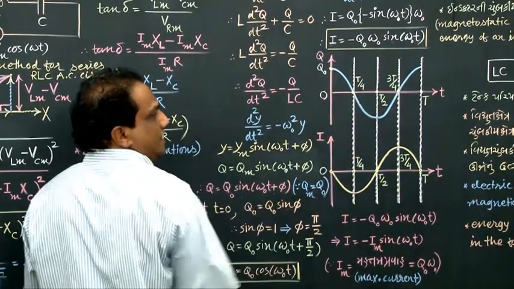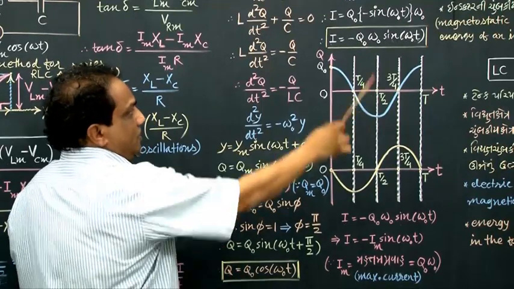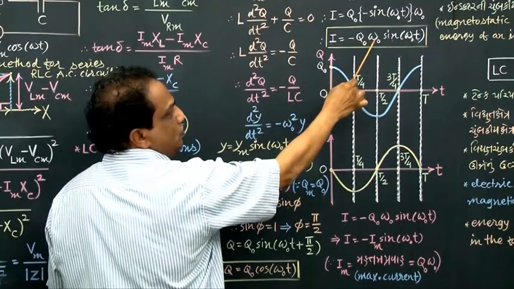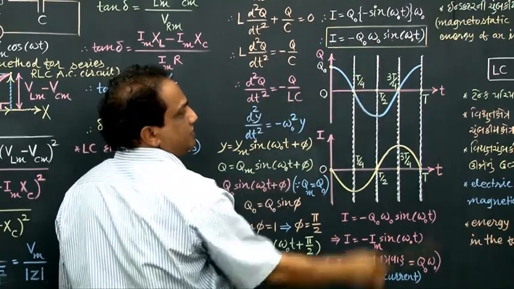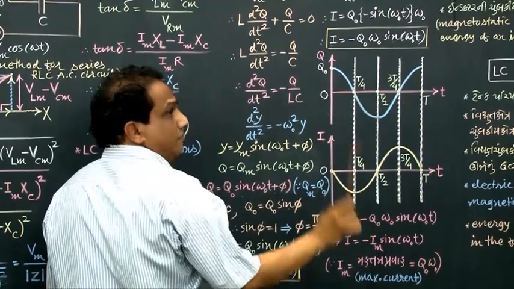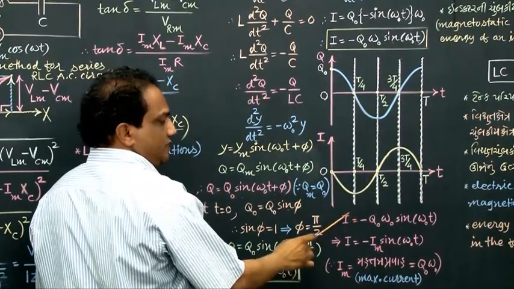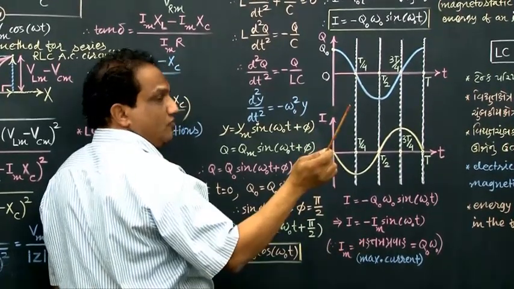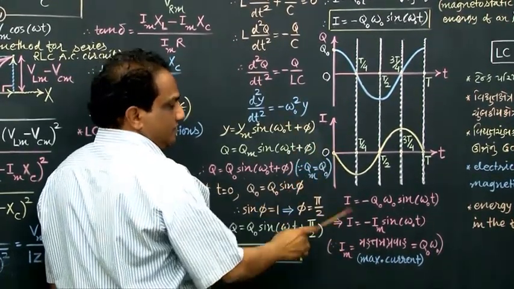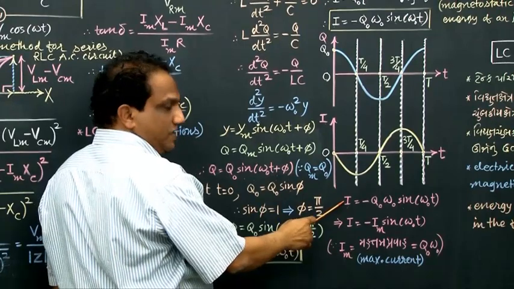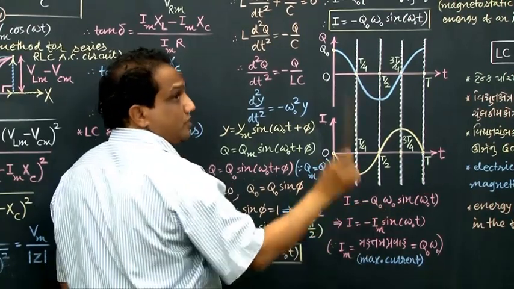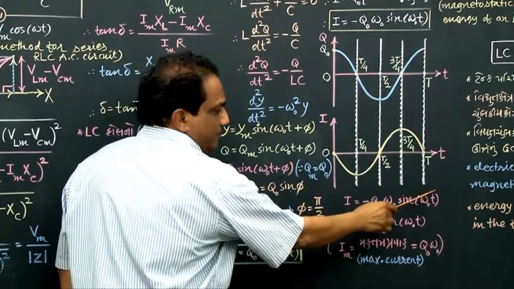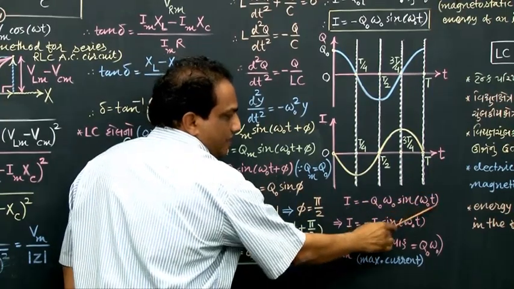Now tell me, I equals minus Q0 omega 0 sine of omega 0 t, the same formula written here. But suppose you are talking about the maximum value of I, let it be shown by the symbol Im. How would you get the maximum value? Very simple. Just write Im, that is maximum, then the right hand side also must be made maximum. For that, just put this angle as pi by 2.